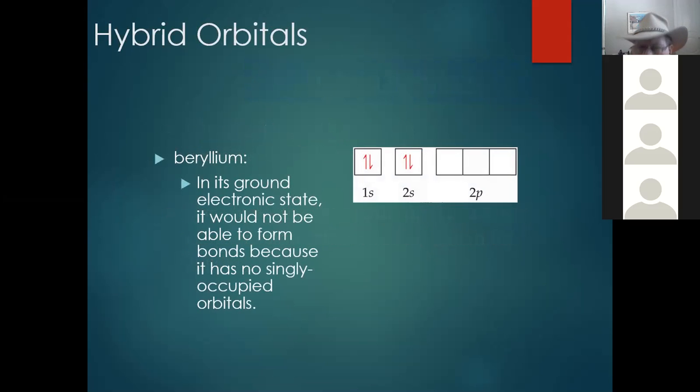So if beryllium looks like that, what I'm going to do is take this 2s and one of the 2p's. Now you have to understand, when I put 2 orbitals together, this is going to have an overall energy graph where the hybridized orbitals are going to be greater than the 2s, but less than the 2p.